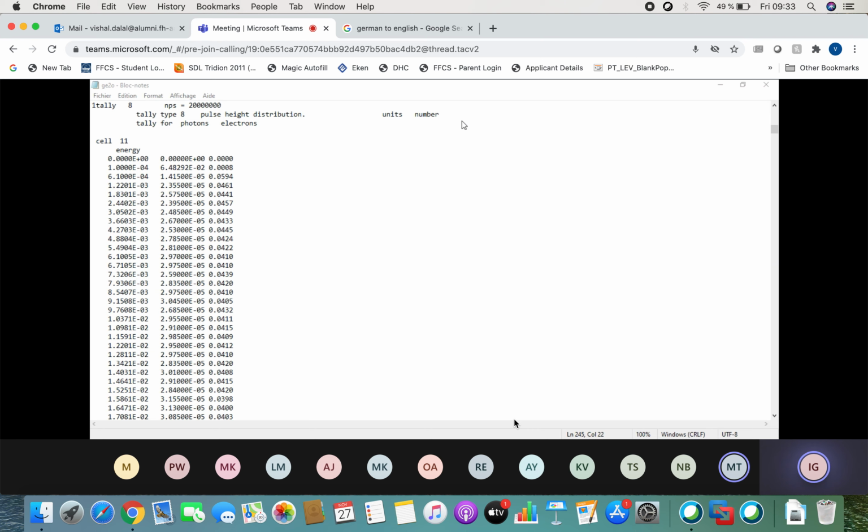So it's possible to simulate the enlargement of the peaks using a special function that you can immediately put inside the input file.